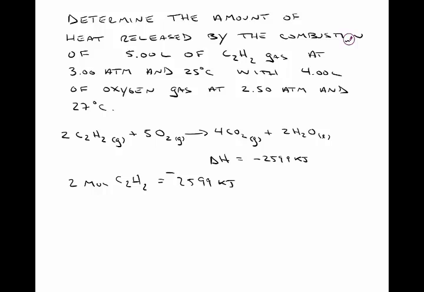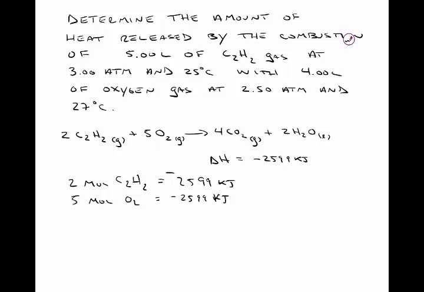So that is the ratio of the acetylene from the balanced chemical equation to delta H. What about the relationship of the oxygen? Well, for every 5 moles of O2 from the balanced chemical equation, I will also produce 2,599 kilojoules of heat. So those are the stoichiometric relationships that I'm going to need to solve for heat.